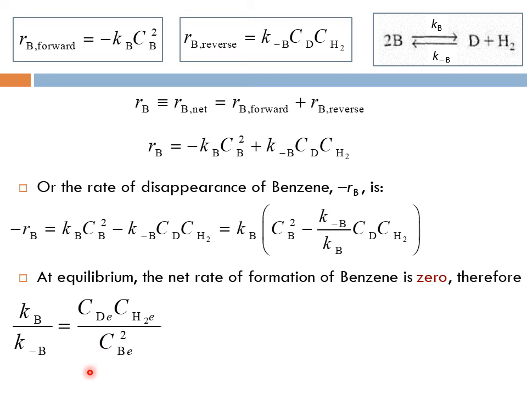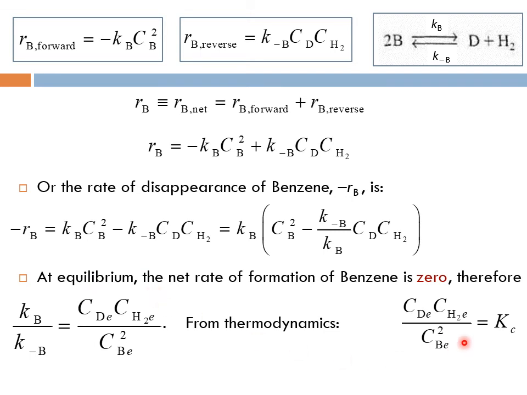Okay, let's look at this part. I'm sure that this part reminds you of something that you are familiar with. That is Kc. So from thermodynamics, you know that Kc is defined as the concentration of the product divided by the concentration of the reactant, each raised to the stoichiometric coefficient.